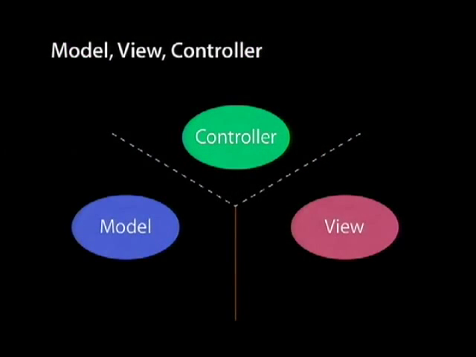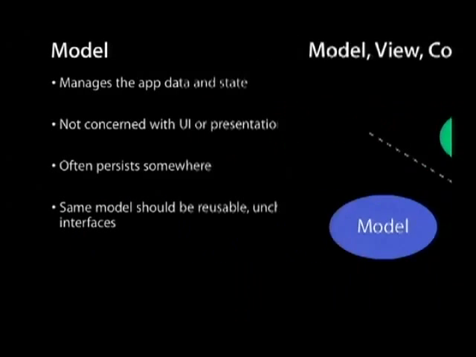Well, the basic reasoning behind model view controller is that your view, your model, and your controller are separate. Now, what are each of these things? Well, your view, as you might guess, is what you see on the screen. Your model is your data, what gets stored, and your controller manages the interaction between the two.